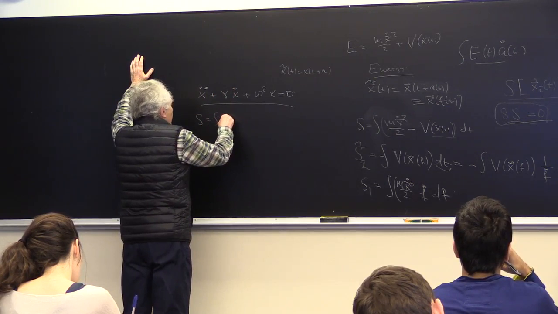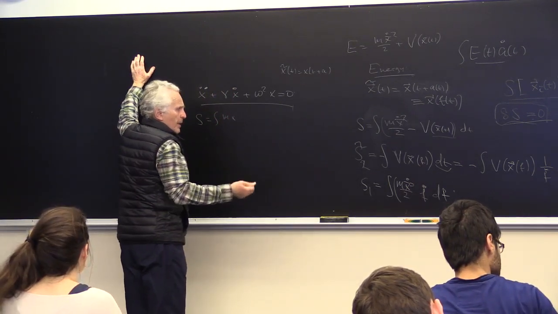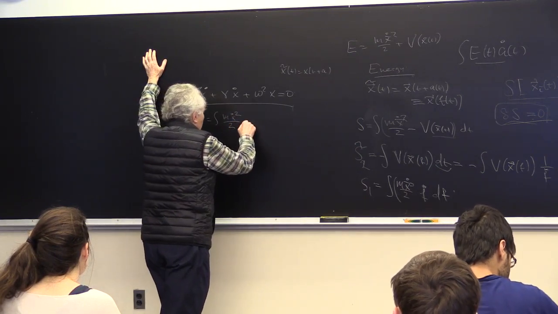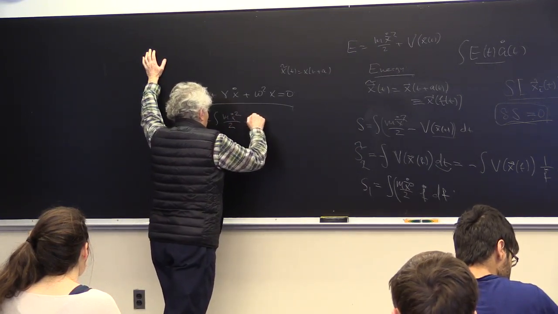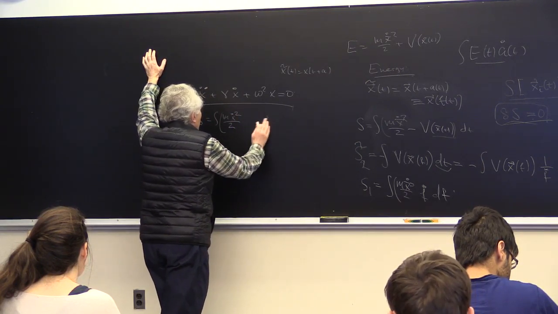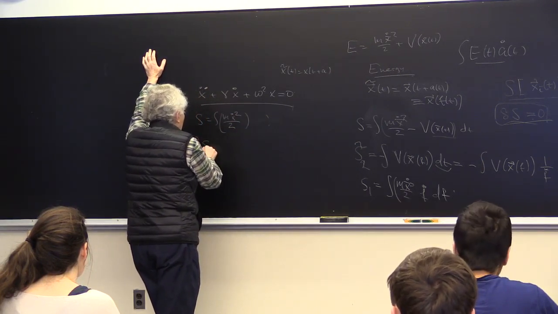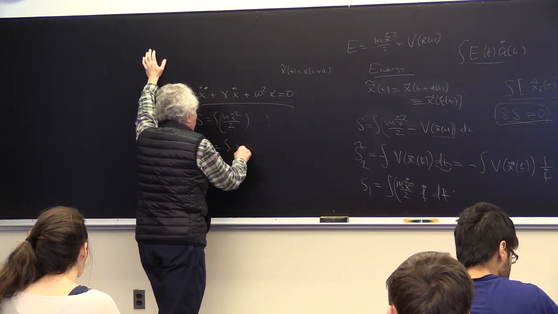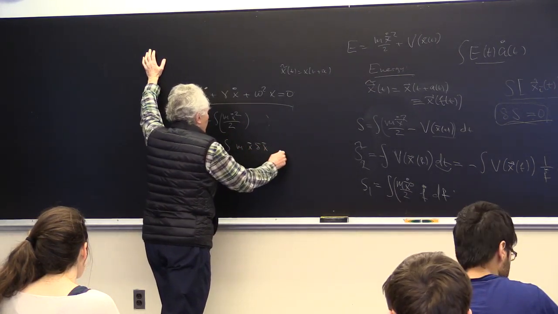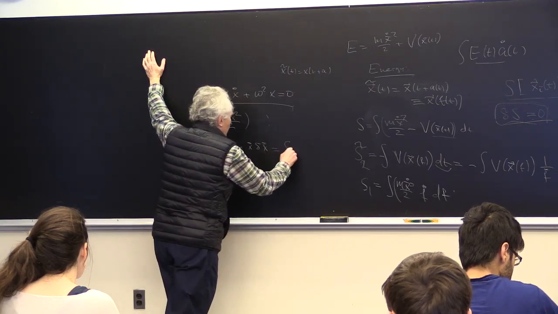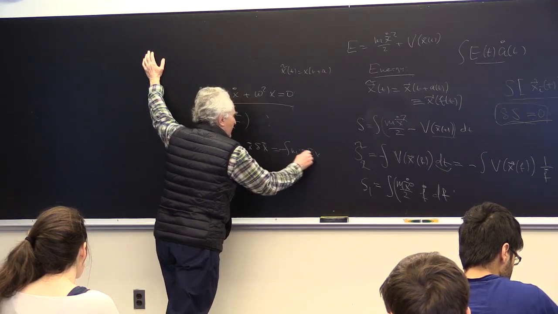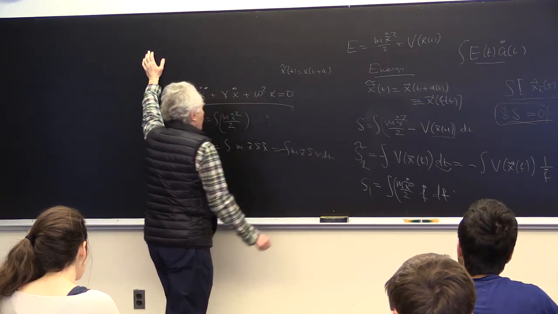This discussion will actually be instructive and useful. When we have this action, let's forget about the potential. We did this variation. We integrated by parts, and we got mx double dot delta x dt, and so on.